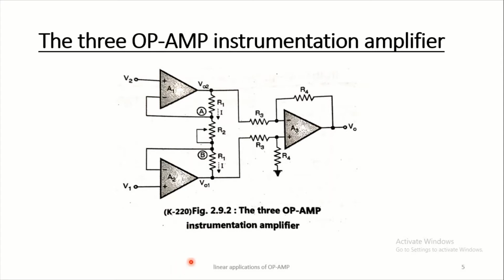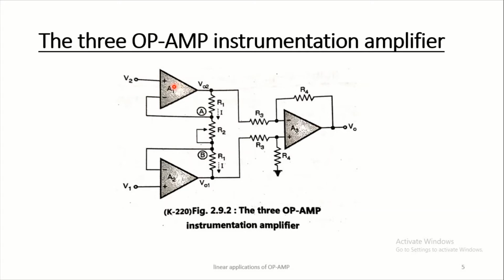The high impedance instrumentation amplifier using a cross coupled difference amplifier is shown in the figure. As the input impedance of all the op-amps used here is assumed to be infinite, their input currents are 0.